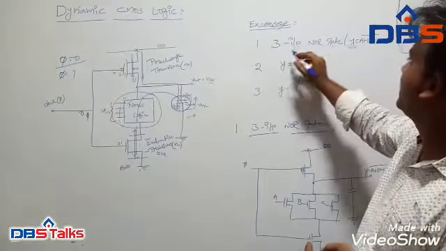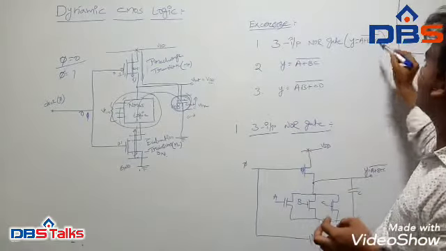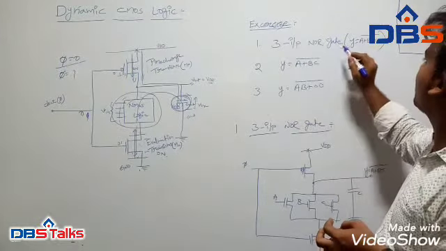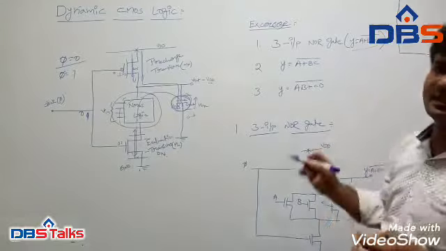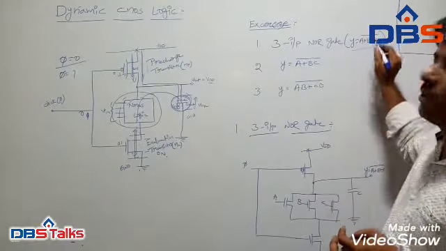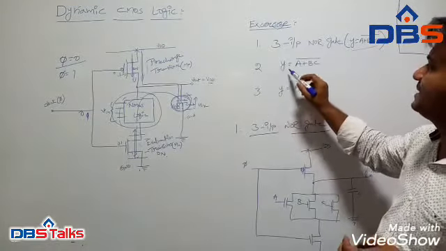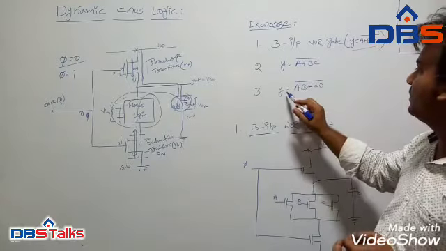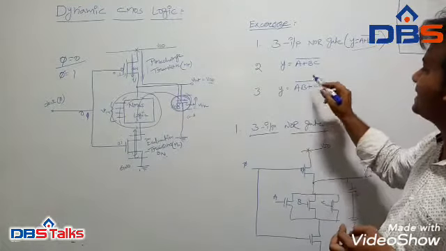Those are nothing but, here I have to explain 3 more concepts. Those are nothing but 3 input NOR gate. The logic expression for 3 input NOR gate is y is equal to a plus b plus c whole bar, and the second problem is y is equal to a plus bc whole bar, and the third problem is y is equal to ab plus cd whole bar.